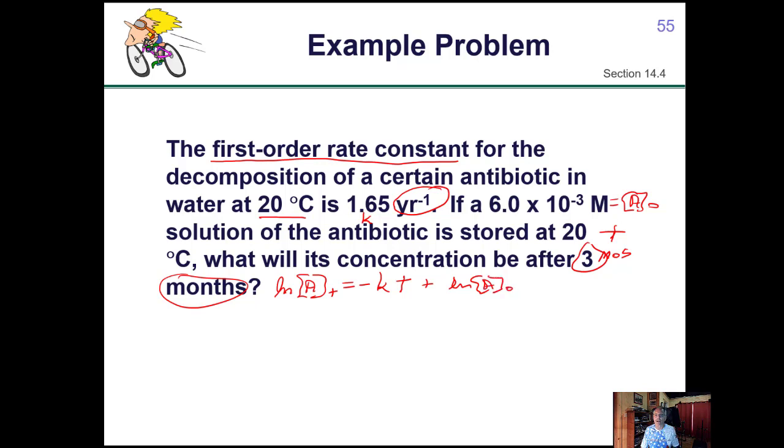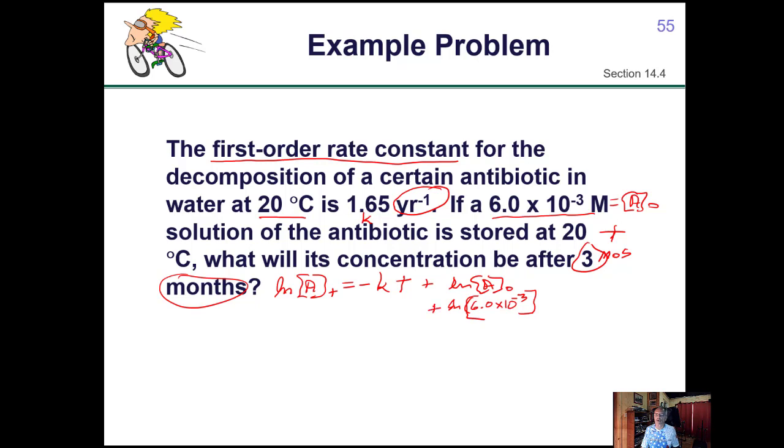That's the starting concentration. Well, we've got this directly. We've got 6.0 times 10 to the minus 3. So this is going to be the natural log of that starting concentration, 6.0 times 10 to the minus 3, and this is in molarity. And then plus times t.